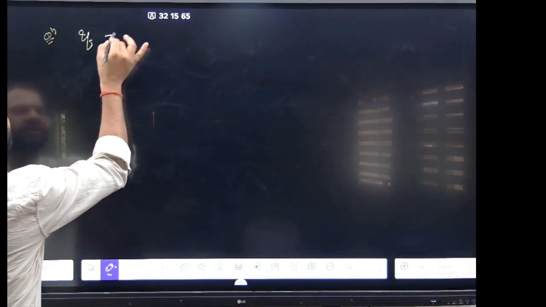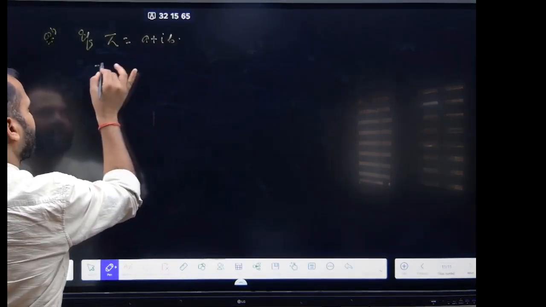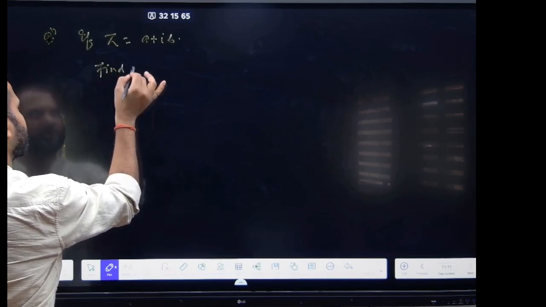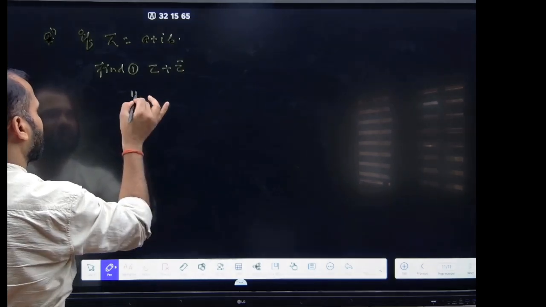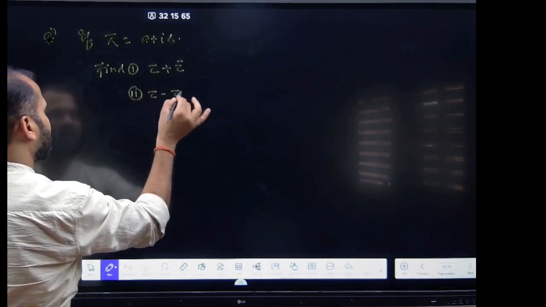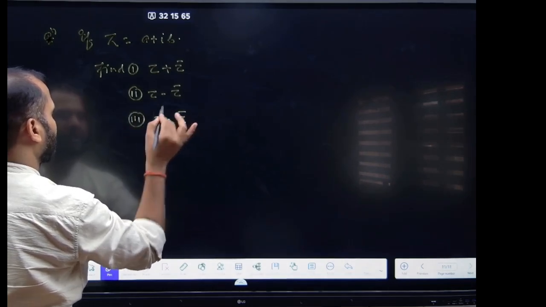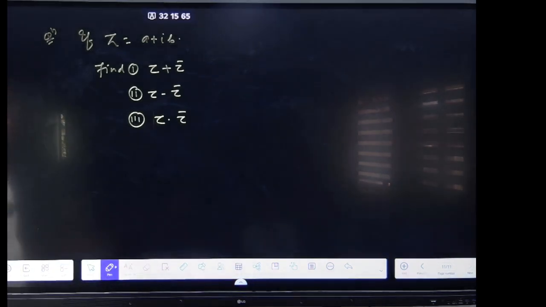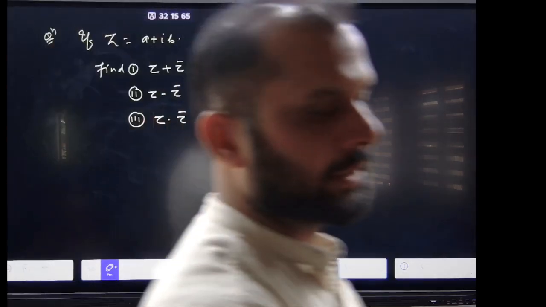If z is equal to a plus iota b, find first z plus z bar, second z minus z bar, third z into z bar. Try to calculate one by one. I am giving you z as a plus iota b, and asking you to calculate z plus z bar, z minus z bar, and z into z bar. Try to calculate.